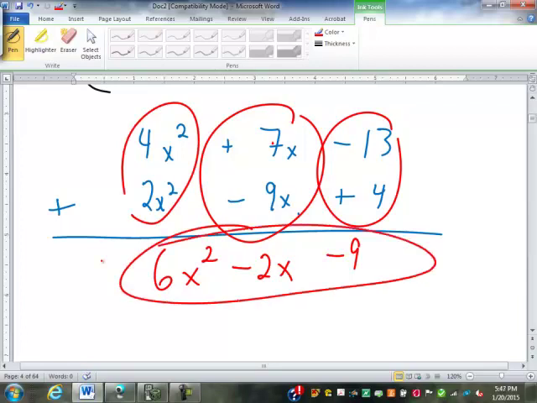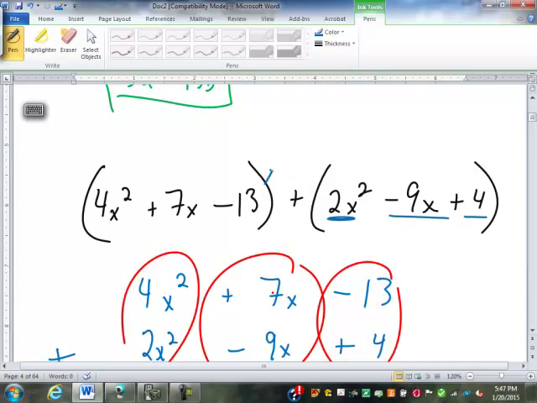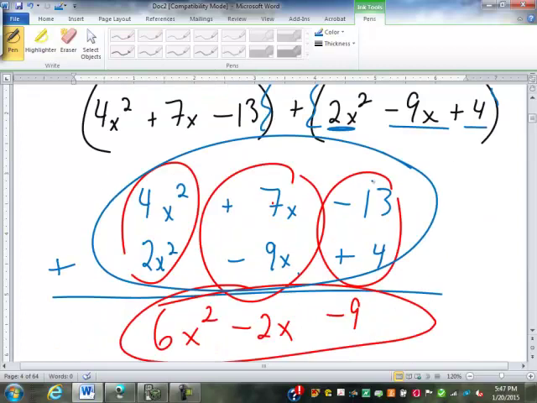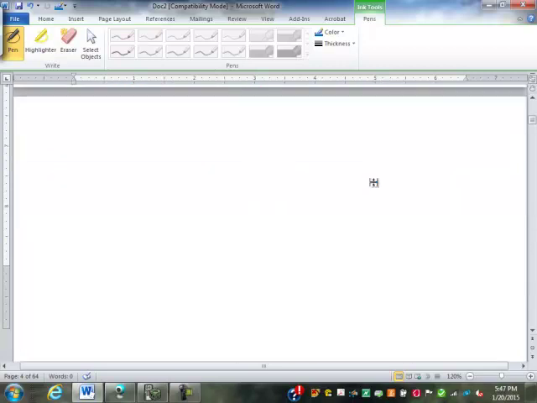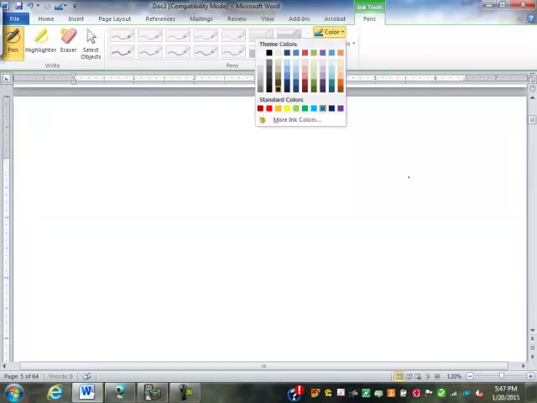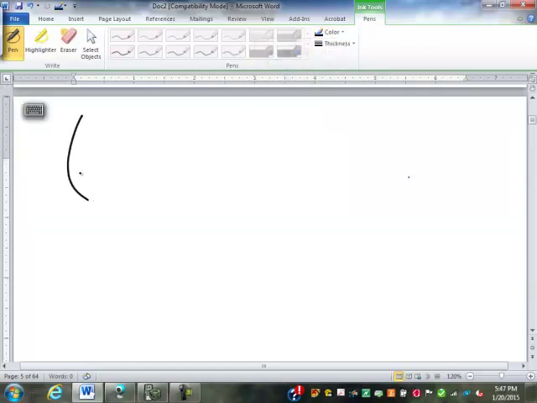Now, I'm not going to spend a lot of time on that because that part's relatively easy. In fact, the way the book does it, the book tells you to just eliminate the parentheses and combine like terms, which works. But what you're really doing is setting them up and adding the like terms, lining up the columns like you would with any addition. Where it gets tricky is subtraction.